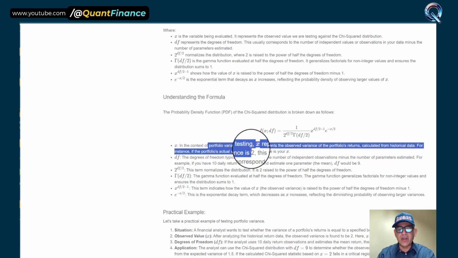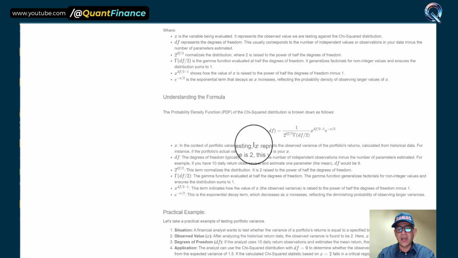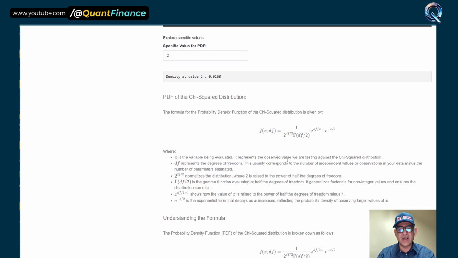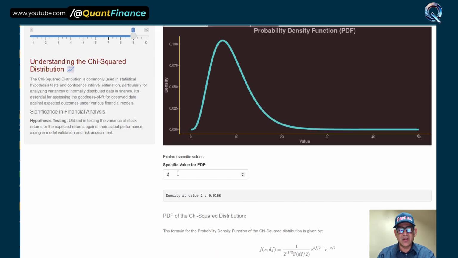In portfolio variance testing, X would represent the observed variance of portfolio returns, calculated from historical data. For instance, if the portfolio's actual variance comes out to be 2, then this would be the value of X, and this we will enter here.